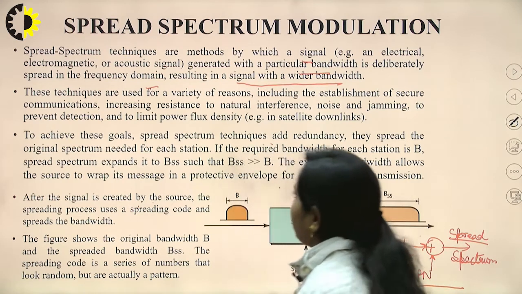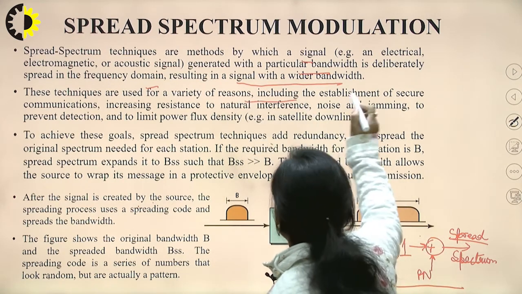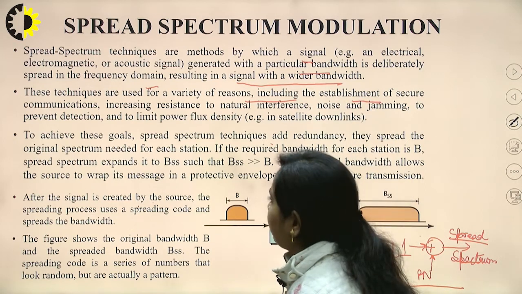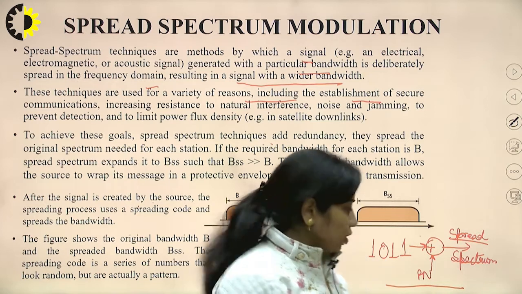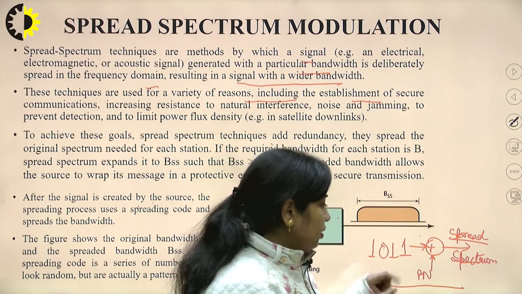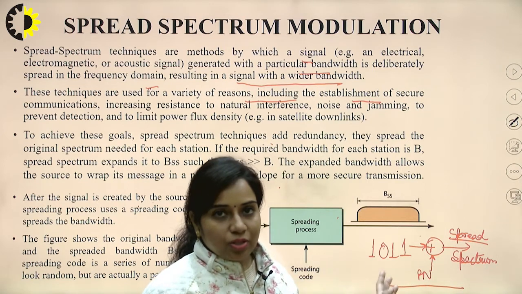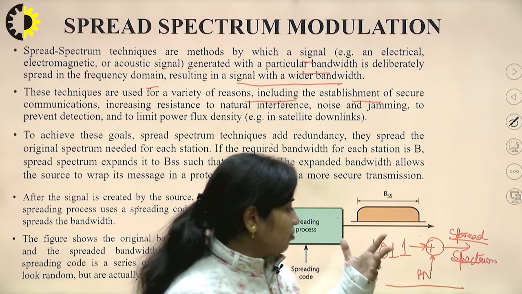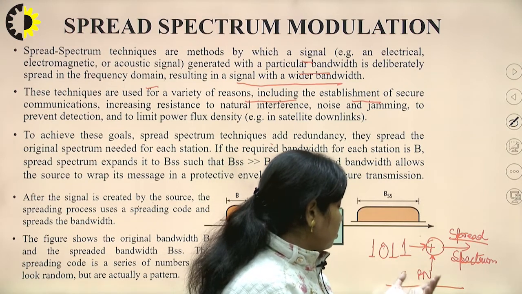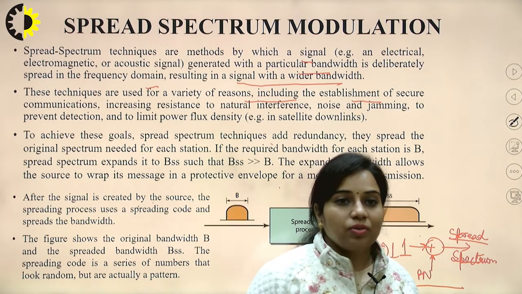This is how SS modulation works, and the output will be a spread spectrum signal. These techniques are used for a variety of reasons, including the establishment of secure communication. Basically the transmitter performs this spreading, and that is known as encryption also. Whatever PN sequence, say of 15 bits, we used at the transmitter side, the same PN sequence has to be used at the receiver side.